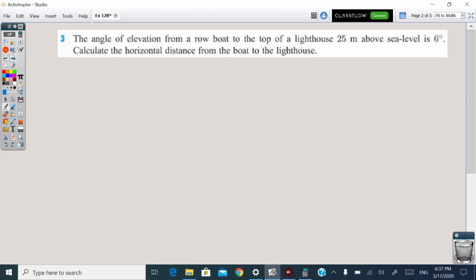Then we discussed question 3. The angle of elevation from a rowboat, so we're talking about the sea now, to the top of a lighthouse that is 25 meters above sea level is 6 degrees. So what we have is the sea, and right on the shore we have a lighthouse.